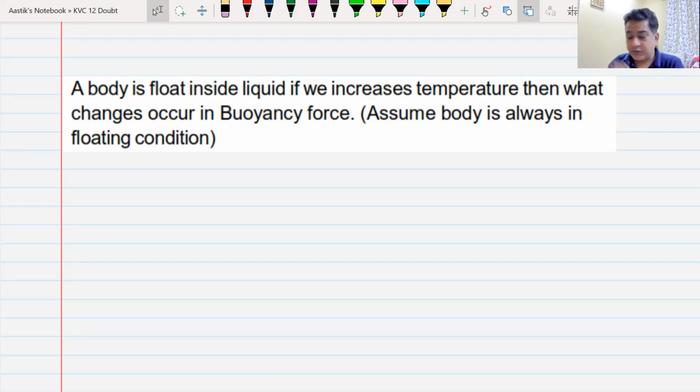See, that is what you have to remember. In the case that I had given to you, buoyancy force will decrease.